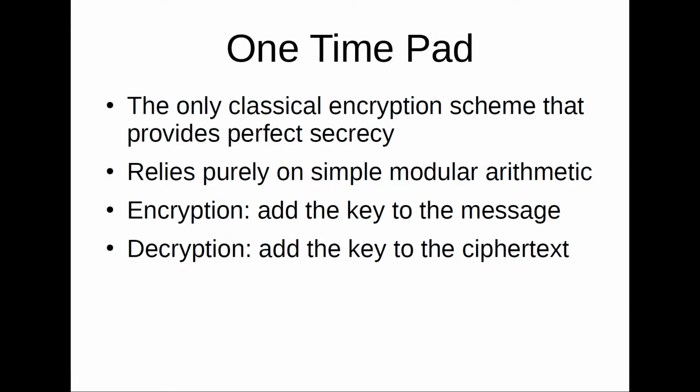One-time pad is an interesting encryption scheme because it's the only classical encryption scheme that provides perfect secrecy. It relies purely on simple modular arithmetic, where to encrypt something, you just add the key to the message, and to decrypt it, you just add the key to the ciphertext.